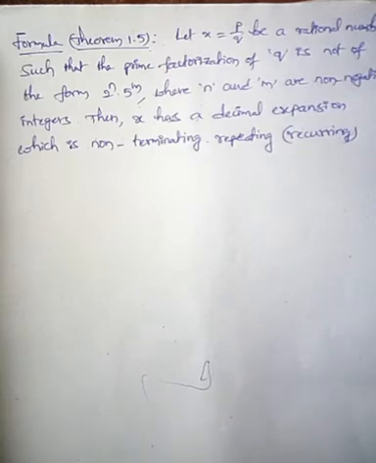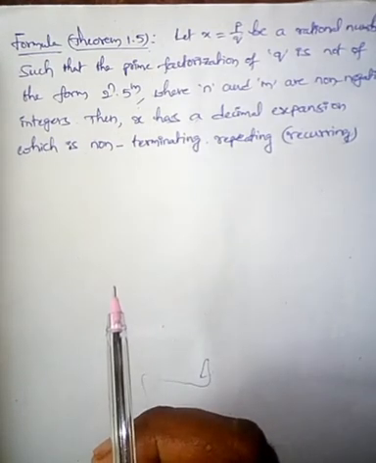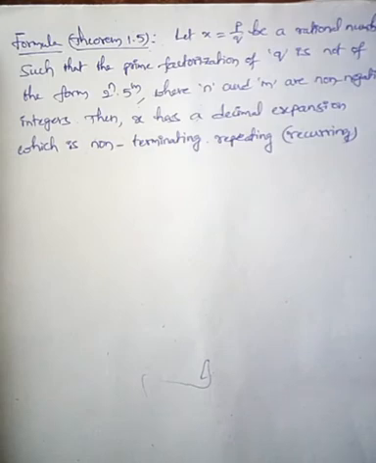Such decimal expansions are called terminating decimals. And some divisions do not end, that means the remainder continuously occurs. Such decimal expansions are called non-terminating repeating decimals.